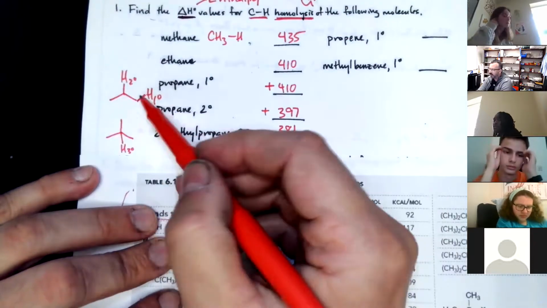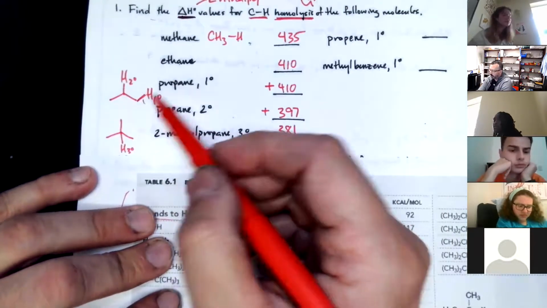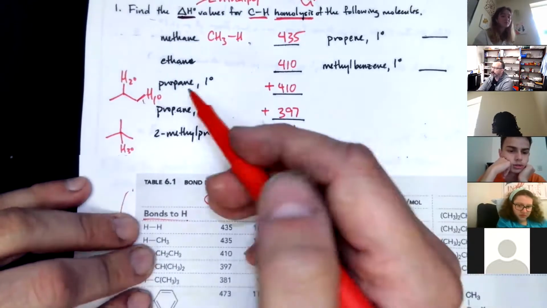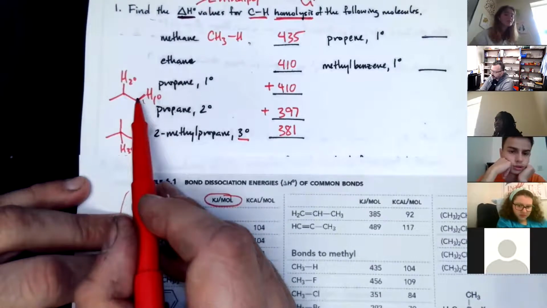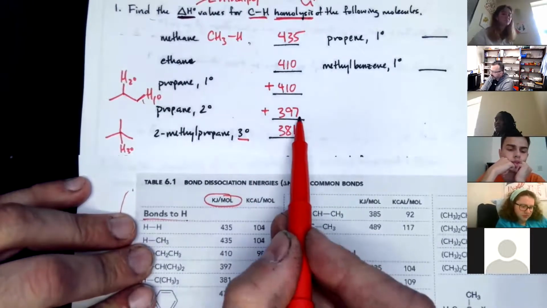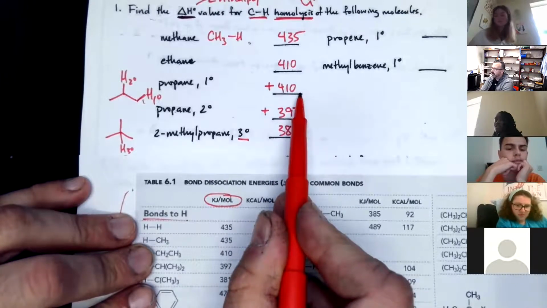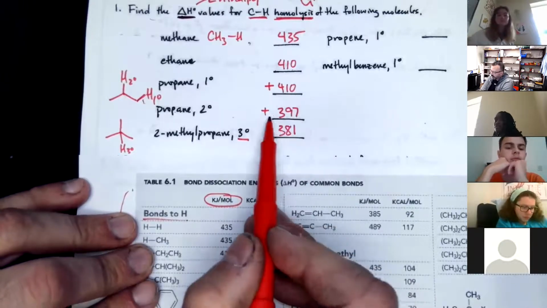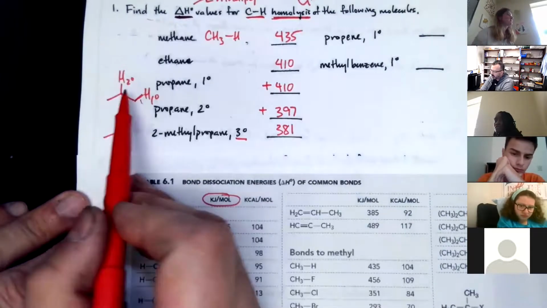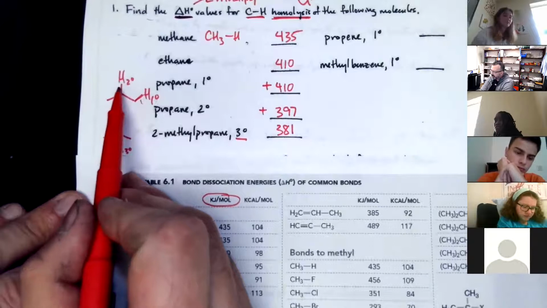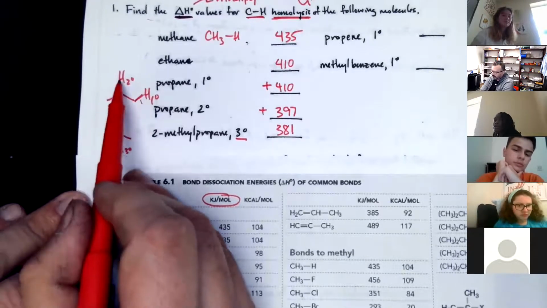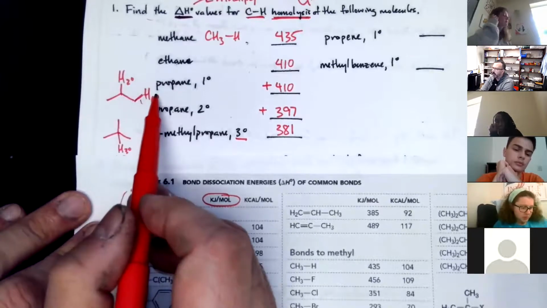You're applying heat to this molecule. Say you're starting at 0 kilojoules per mole. And as you apply heat to this molecule, what number do you hit first? You hit 397 before you hit 410. So the fact that you hit 397 kilojoules per mole first means you are preferentially cleaving this bond before that bond. So secondary is cleaved before primary.